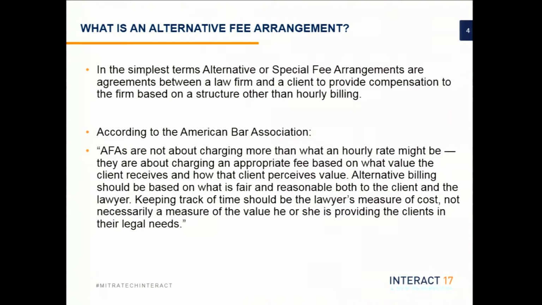And in our particular system, it gets a little bit complicated because we're just starting with AFAs and everything is hourly based. And we track rack rates and discounted rates. So we try to get more and more AFAs going, and at the same time we're trying to make sure we're getting a good deal in comparison to using more standard or more traditional methods of billing.